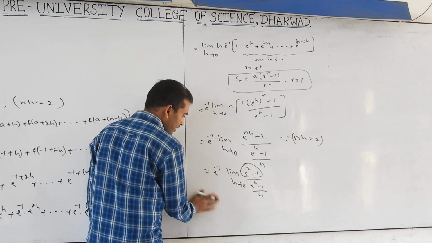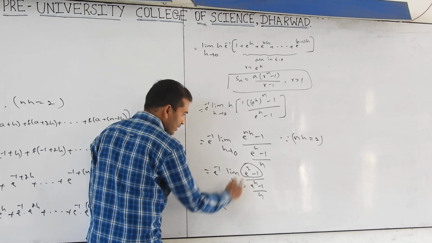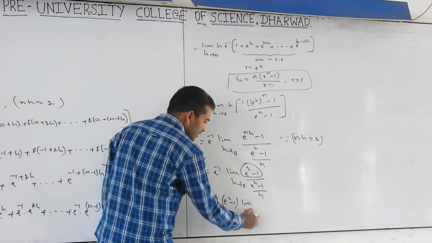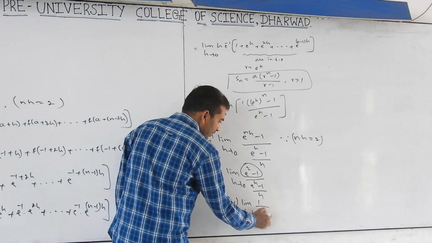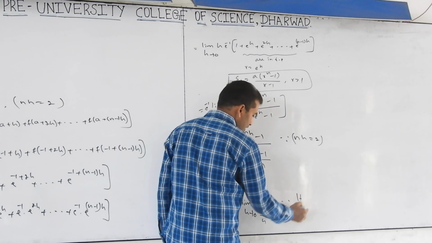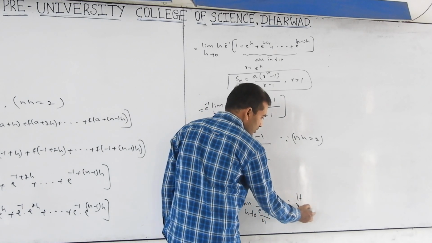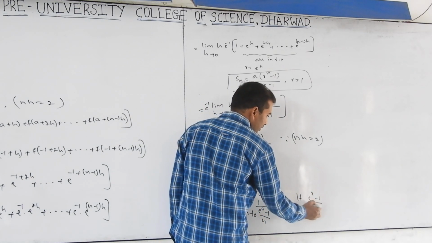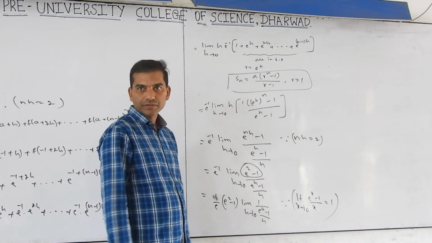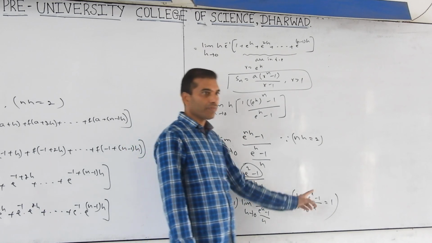e raised to minus 1, we can write 1 by e. This is e square minus 1. Limit of h tends to 0, 1 by e power h minus 1 by h. In first year, you know, limit of x tends to 0, e raised to x minus 1 by x is equal to 1. Standard formula, 0 by 0 form.